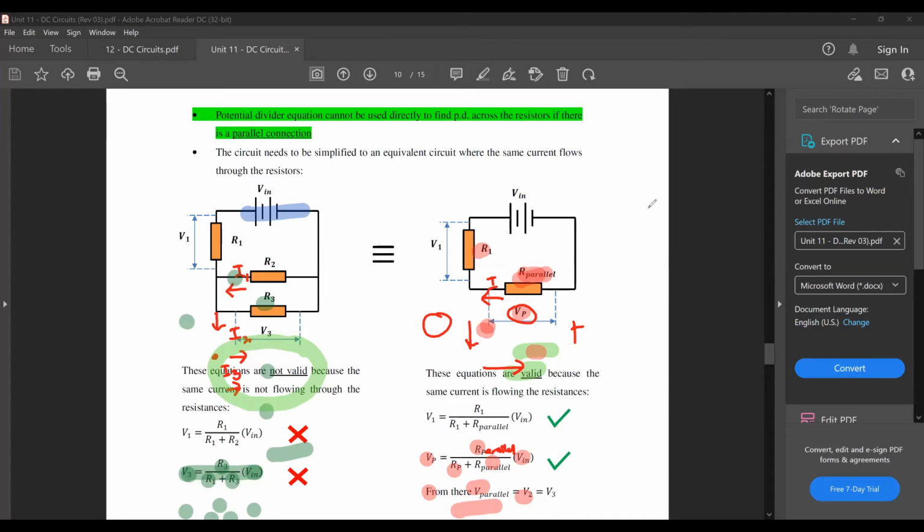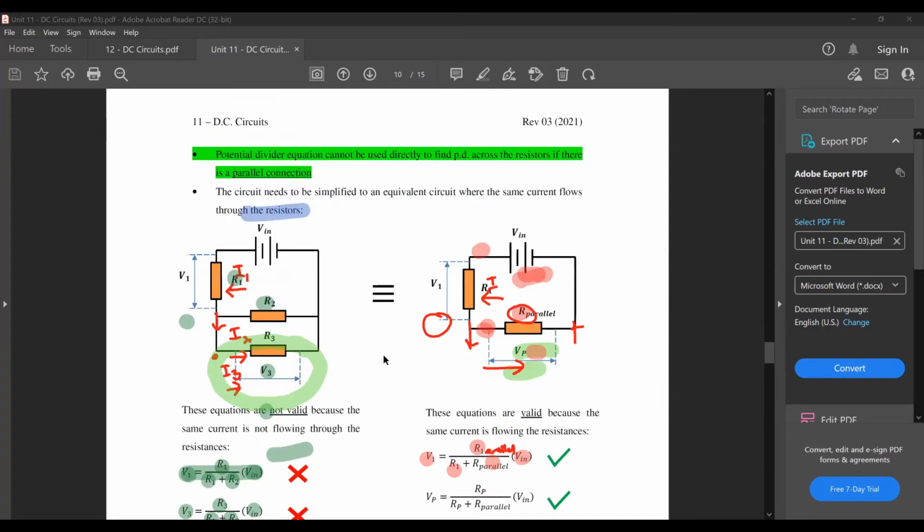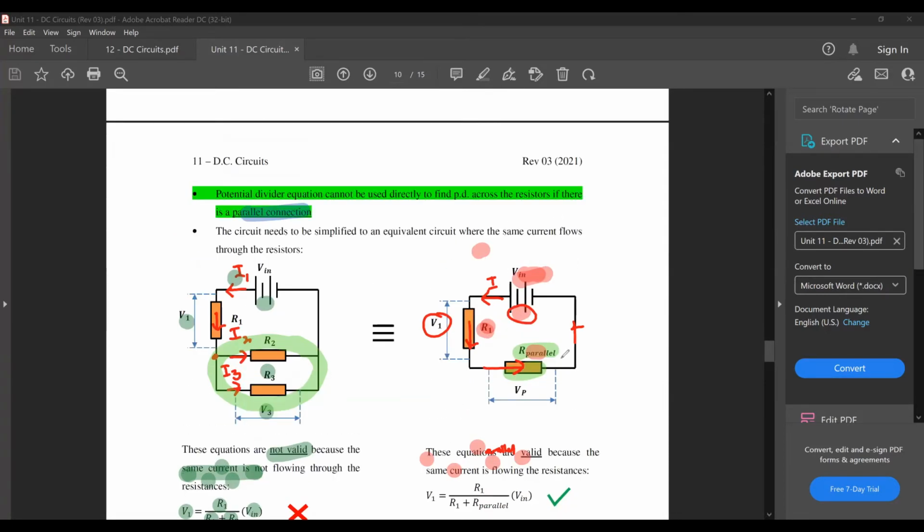Now, as from here, then you can say that the voltage across this parallel connection here is going to be the same as V2 and V3 from here. Okay, here you use potential divider equation to find VP. Whatever you're getting here will be the same as the PD in the parallel connection.